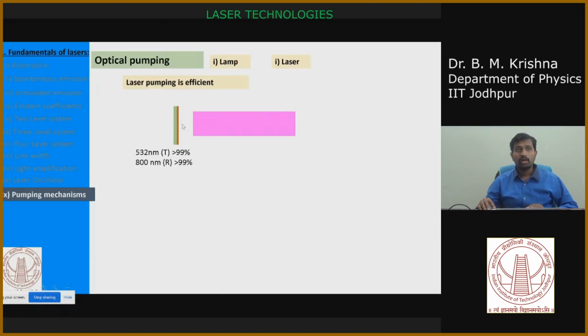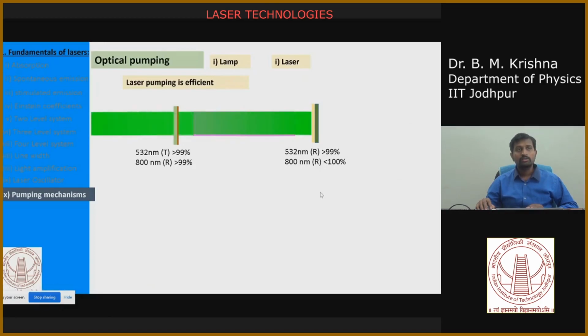And this mirror I made in such a way that it transmits 532 nanometers. Similarly, on this side the 532 nanometers is fully reflected, and the 800 nanometers is partially reflected, that is, less than 100%. Now I come with the pump at 532 nanometers, and I am not wasting its energy.